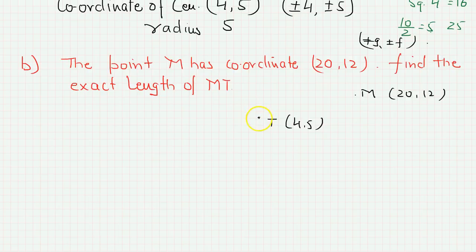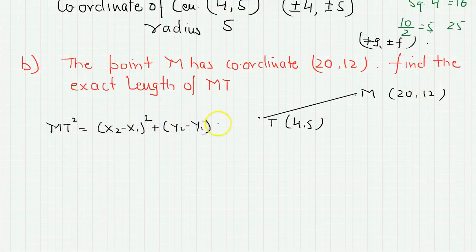We have to find the exact length of MT. So we know the formula for the exact length: MT squared is equal to (x2 minus x1) squared plus (y2 minus y1) squared.